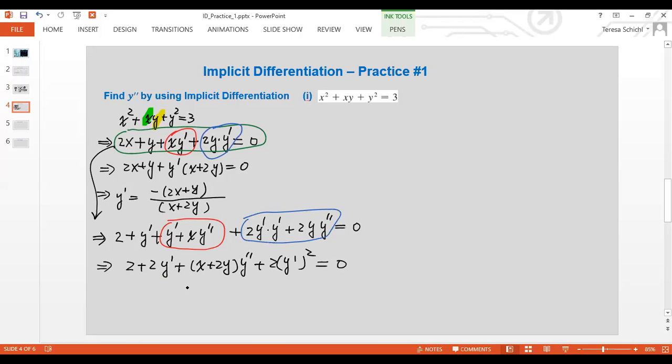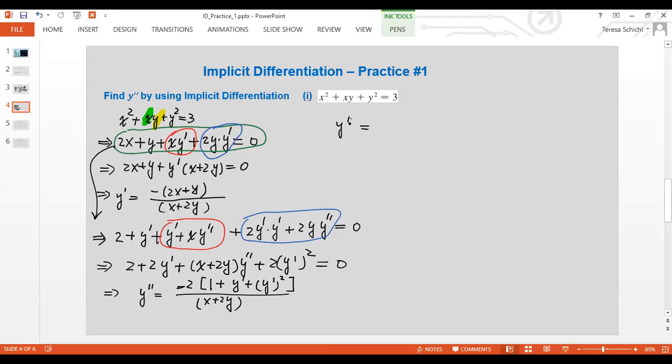So now I can do this. So I know the y double prime will be, this is x plus 2y, and this is a minus, because everything moved there. So at minus 2, I factor the minus 2 out. So this will be 1 plus y prime plus y prime, the square. And now you can plug in what is the y prime, right?